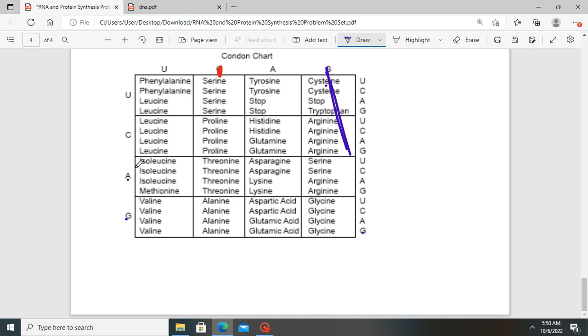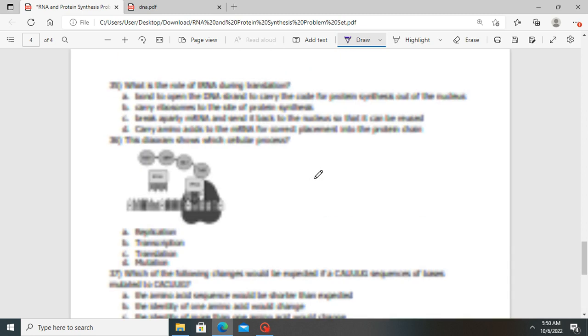We start from here: A, G, then come here to A. AGA corresponds to arginine. So we have the three amino acids.